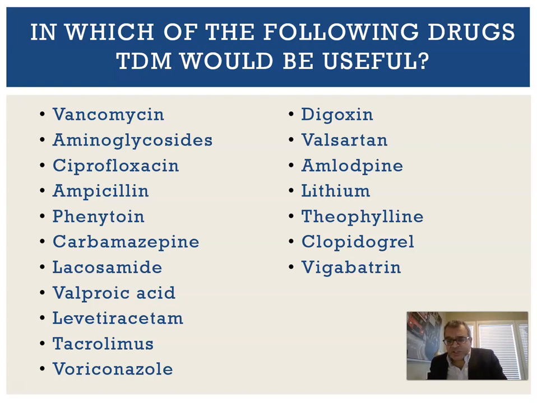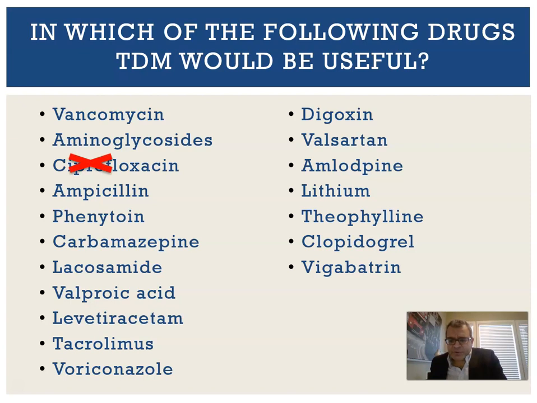Ciprofloxacin is a concentration-dependent killer, and also Cmax above MIC could be useful as an efficacy marker. However, we can use higher doses and it could be found safe. So TDM might not be useful here. But there are some reports saying TDM of ciprofloxacin could be useful in obese individuals. So I'm going to cross that.